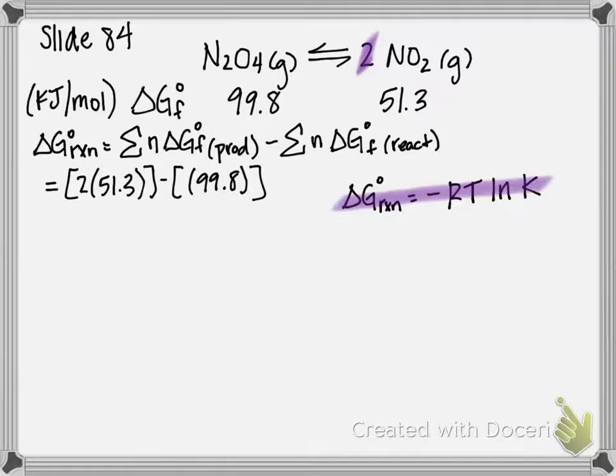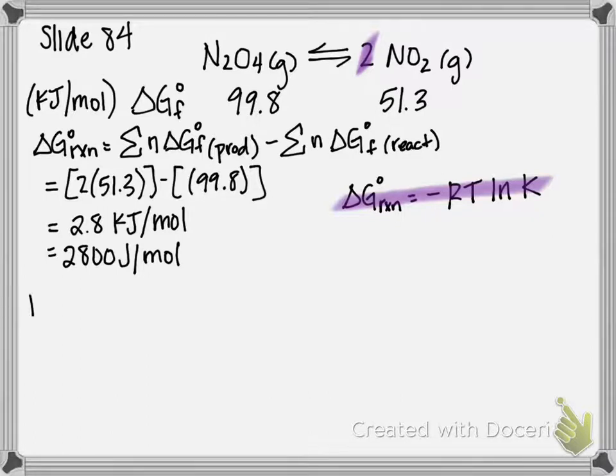So when I multiply the 2 times 51.3 minus 99.8, I should get 2.8 kilojoules, and it's technically kilojoules per mole. And if you want to convert that to joules, because we're going to need to plug it into the equation, it's going to be 2,800 joules per mole. I just moved the decimal over 3 spots. So that's my delta G naught.